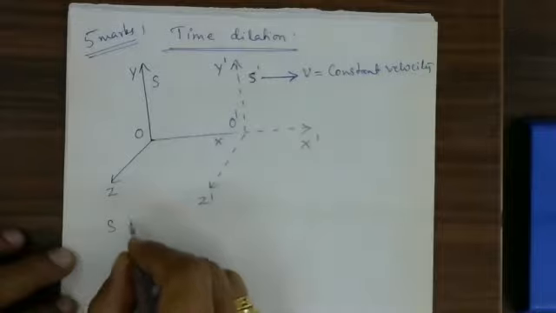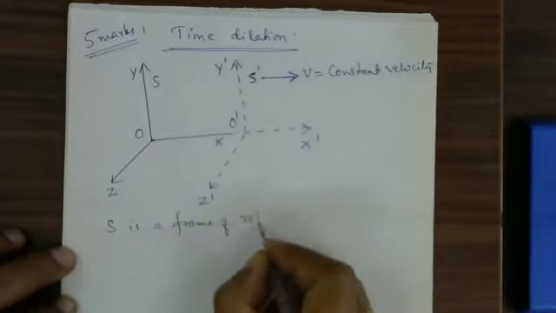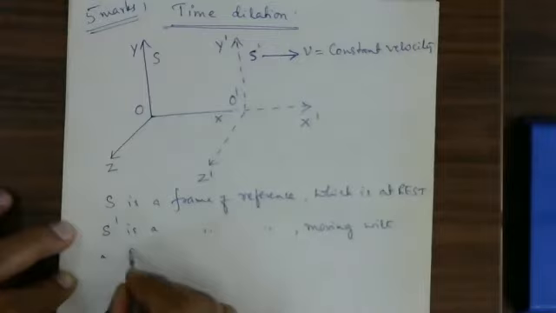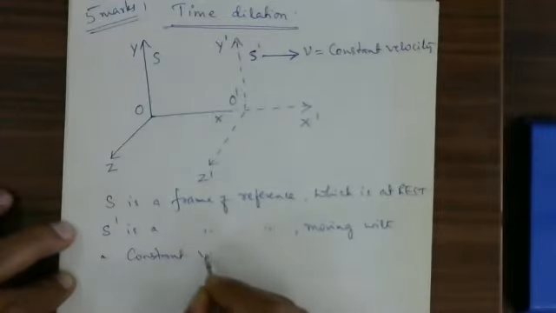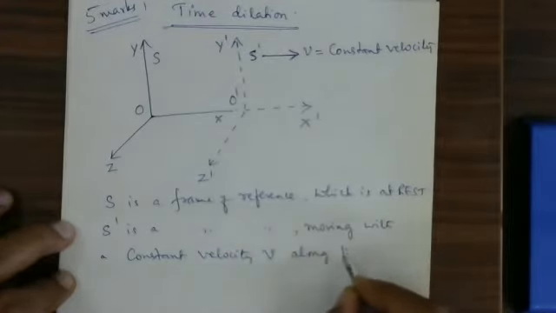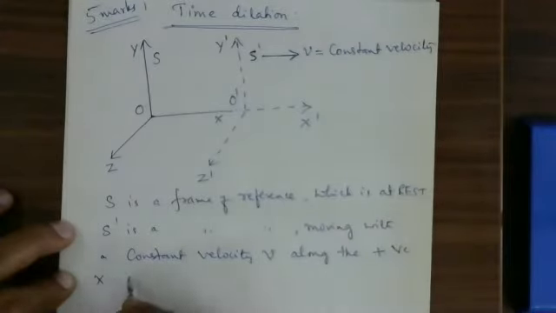So S is a frame of reference which is at rest, and S dash is a frame of reference moving with a constant velocity V along the positive X direction.